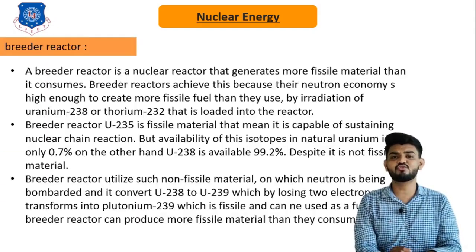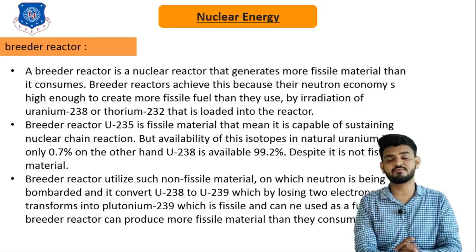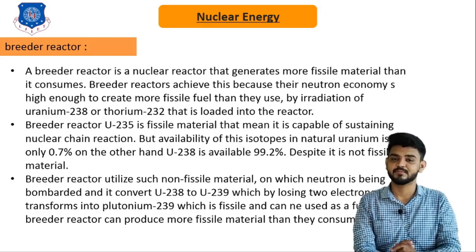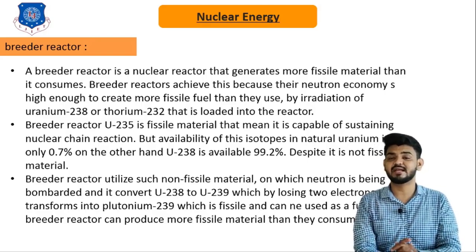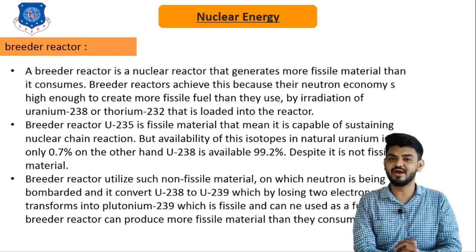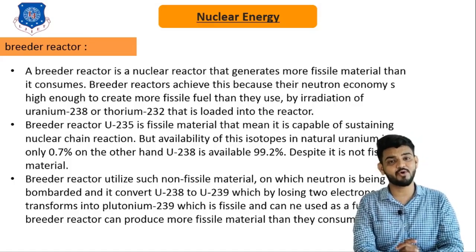Now let's move to the next topic, and that is the different reactors that are used for power generation by utilizing nuclear fuel. So the first reactor is the breeder reactor. This breeder reactor is again very important from the exam point of view.